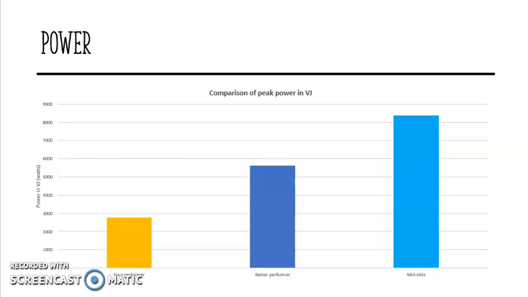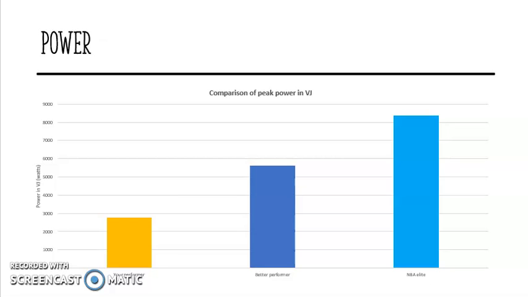Lastly, we measured our performers' power by using their weight and other factors. We can see that there is a massive difference between the power of the NBA athlete and my performer.